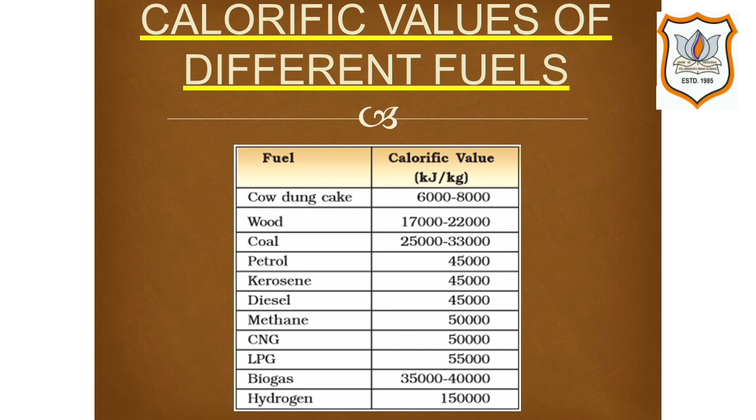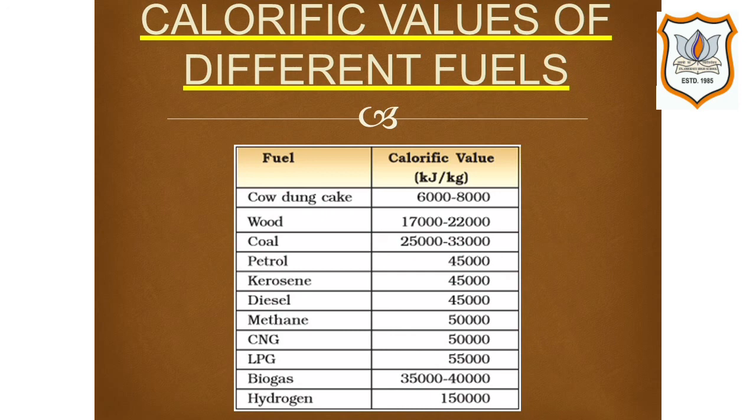From the above table, we can see that calorific value of LPG is 55,000 kilojoule per kg. By saying that the calorific value of LPG is 55,000 kilojoule per kg, we mean that if 1 kilogram of LPG is burned completely, then it will produce 55,000 kilojoule of heat energy.